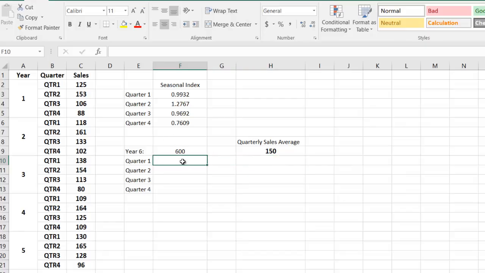So for quarter 1, we're going to multiply 150, the average quarterly sales, times the seasonal index of quarter 1, which is 0.9932. Therefore, our forecast for quarter 1 of year 6 is 148.98. And we do the same for quarter 2 to quarter 4.